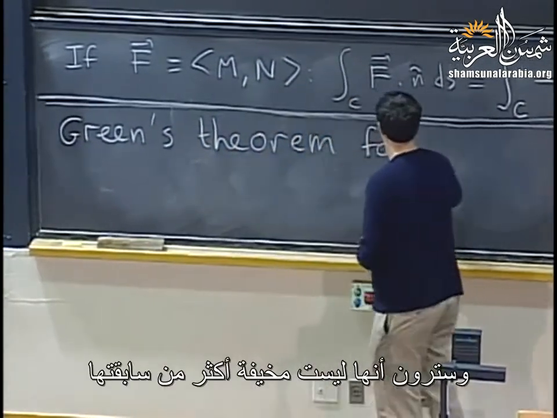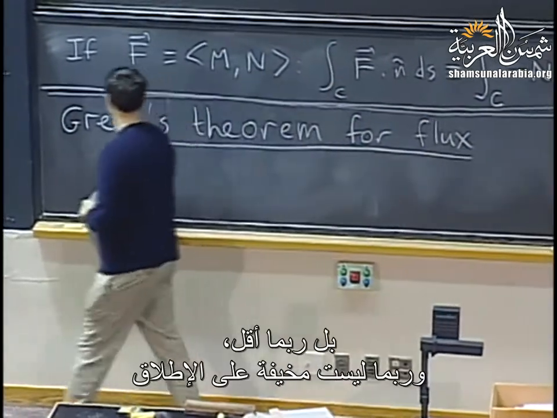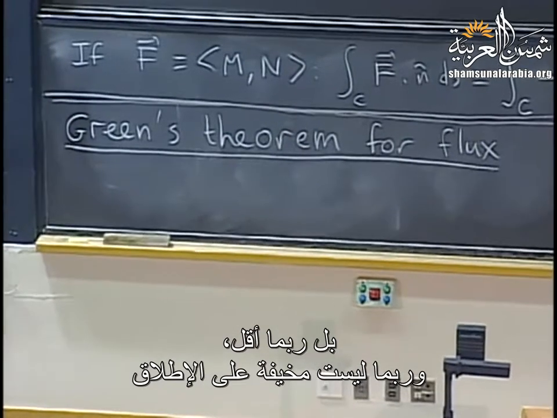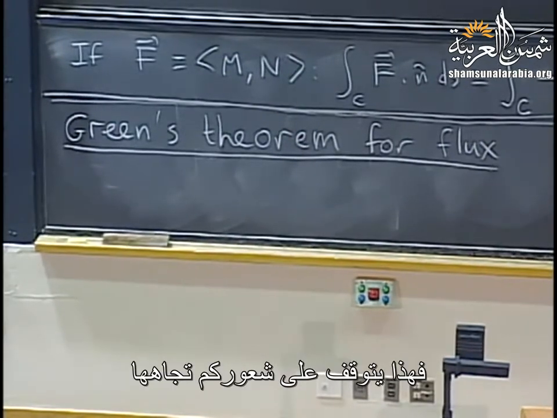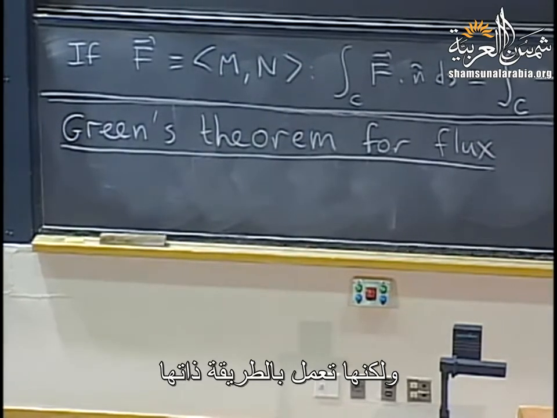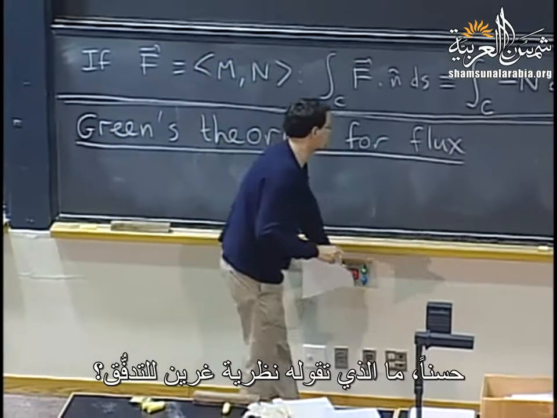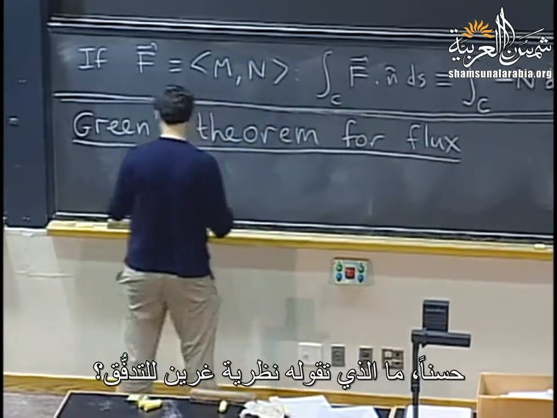And you'll see it's not more scary than the other one. It's perhaps less scary or perhaps just as scary or just as not scary, depending on how you feel about it. But it works pretty much the same way. Okay, so what does Green's theorem for flux say?